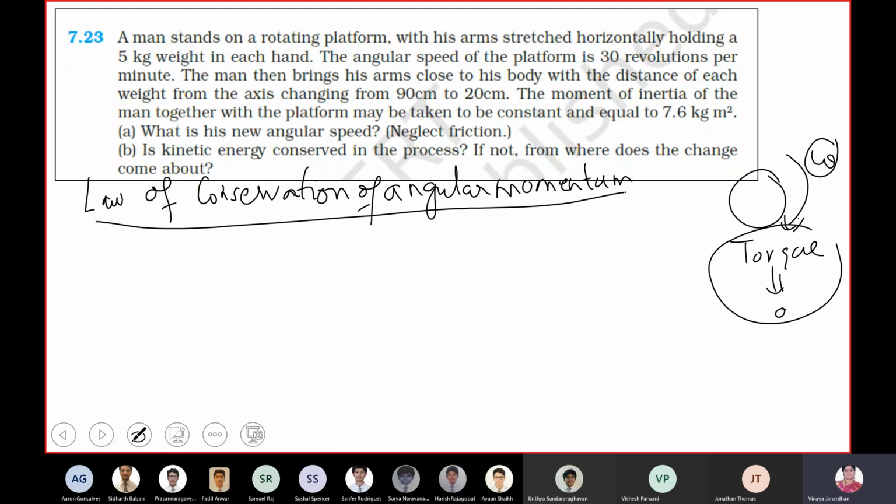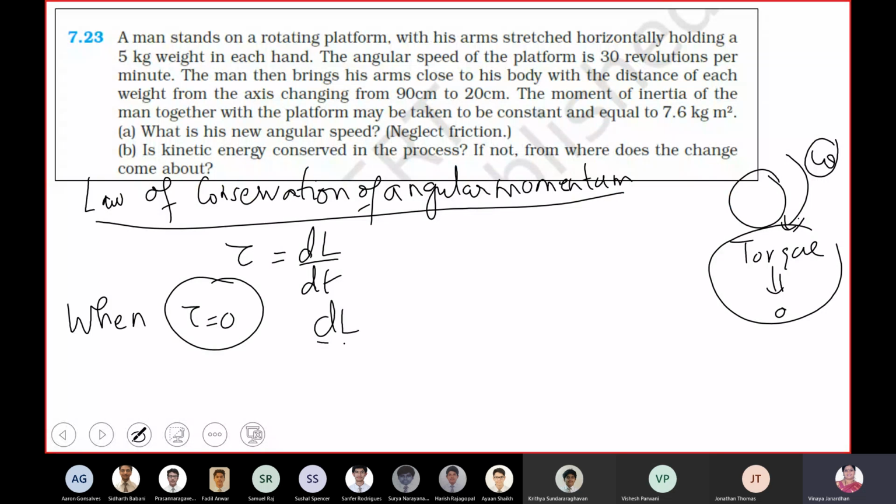Now, what is the relation between torque and angular momentum? Tau is equal to dL by dt. When there is no external torque acting on the system, when tau is equal to 0, dL by dt is equal to 0, or I can write L is a constant. So what is L? L is angular momentum, a constant. What is the value of L in terms of moment of inertia?